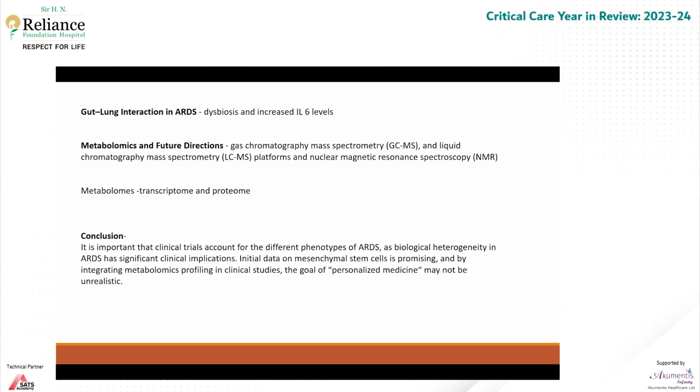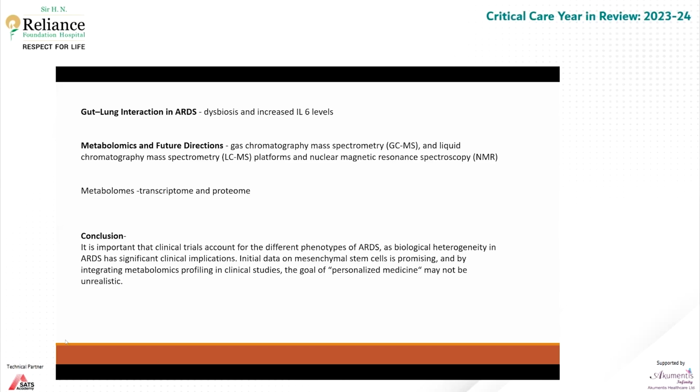I would still keep a simple message across about low tidal volume. Try to see if you are able to use driving pressures, and if you're able to control the driving pressures.